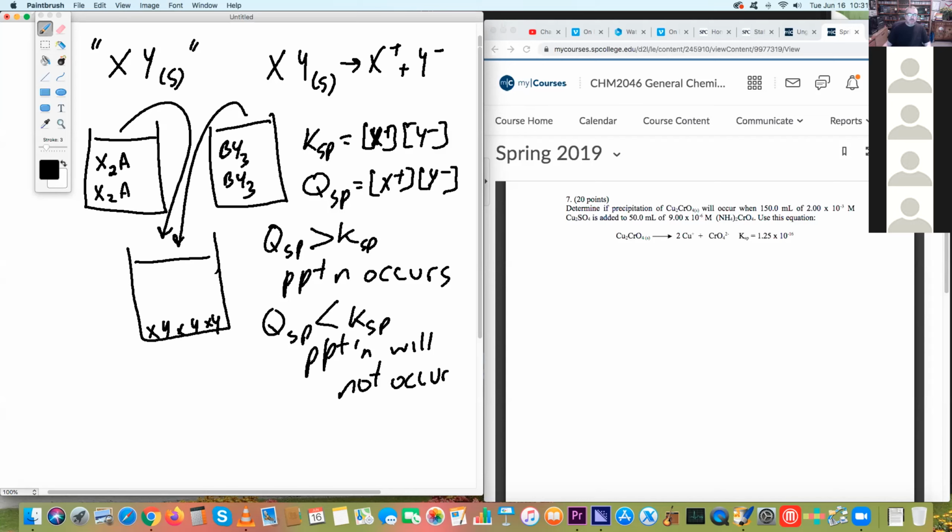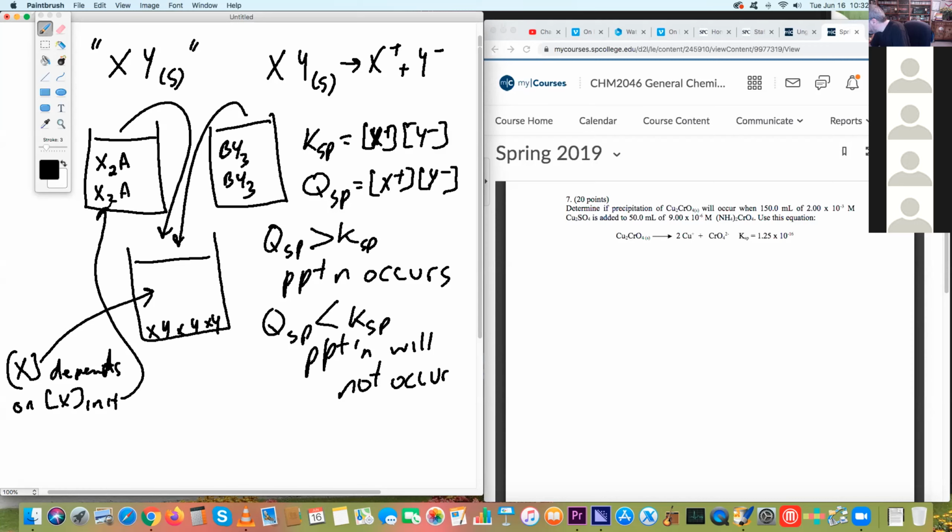Now, the concentration of X in that final solution depends on two things. It depends on X initial, which is in here, and then we have to figure out the dilution concentration.